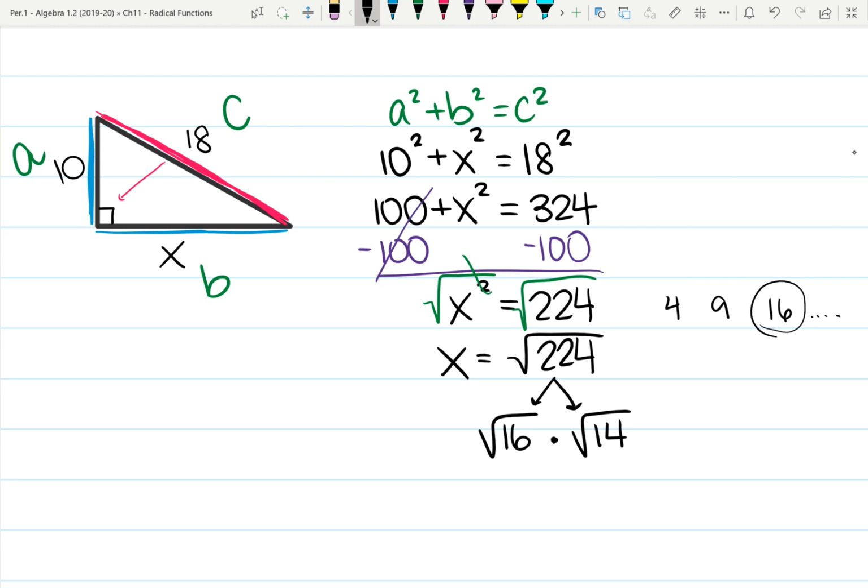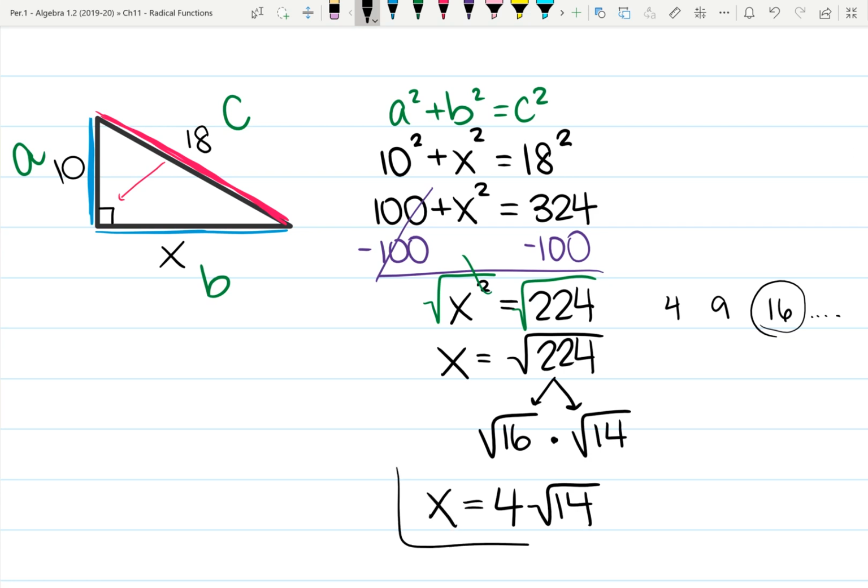See, 16, the perfect square, isn't that a whole number 4 when I bring it down? And then the square root of 14, can I split that up any further? No, not really, right? I can't divide by 4 or 9. It doesn't split up any further. So this is 4 times the square root of 14.